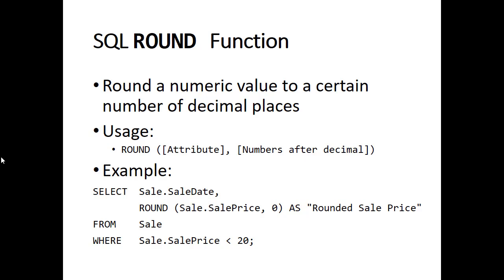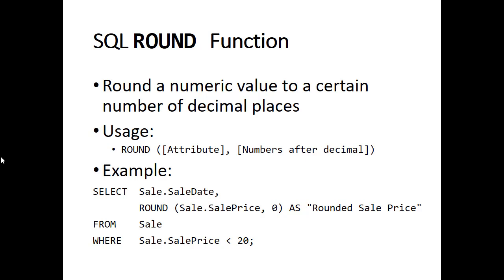Inside of those parentheses go arguments, just like it works in Excel. So after the ROUND keyword, we have an opening and a closing set of parentheses. Inside of there, we define what attribute we want to round, followed by a comma, followed by how many numbers we want after the decimal place.